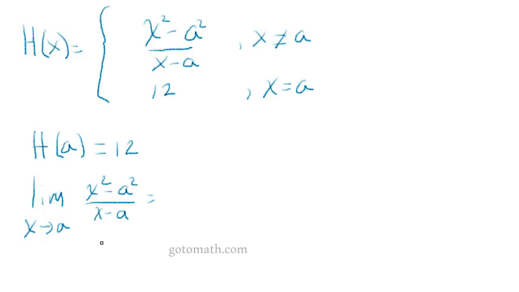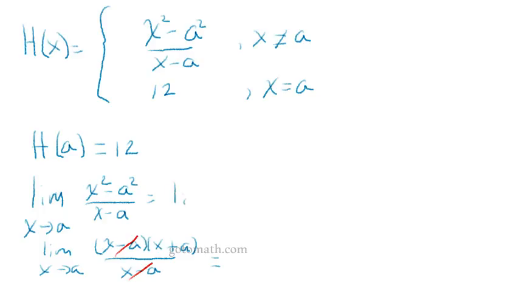Let's try factoring the numerator. It will factor to x minus a, it's a difference of two squares, and x plus a, and it's all over x minus a. We can rewrite this limit. Now as you can see here, this and this will cancel out, and we can rewrite this limit.